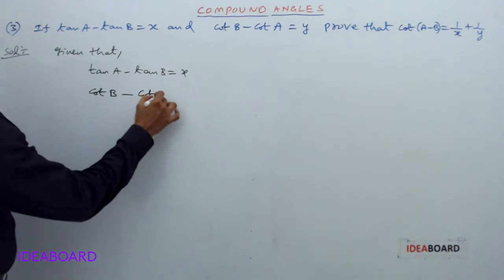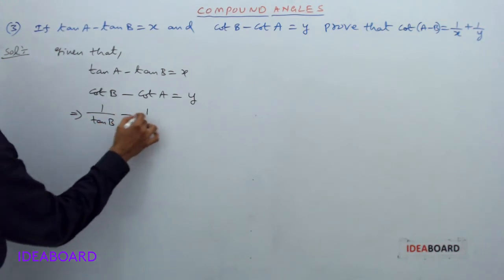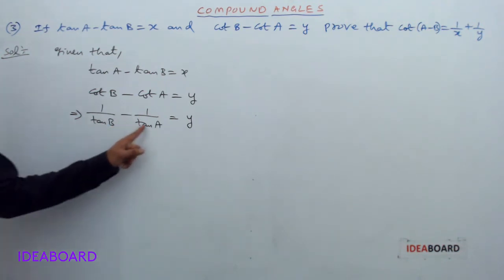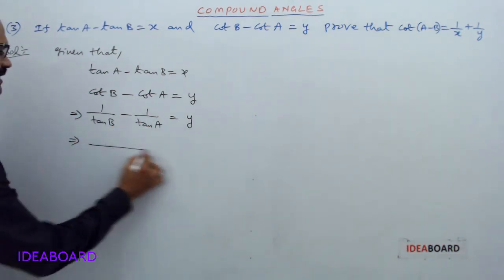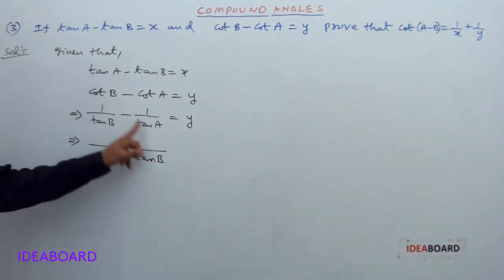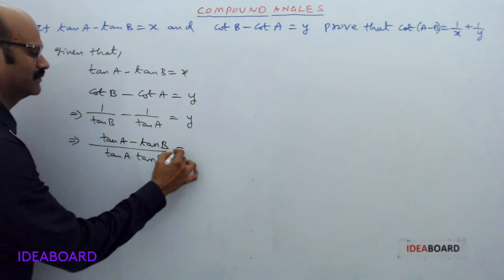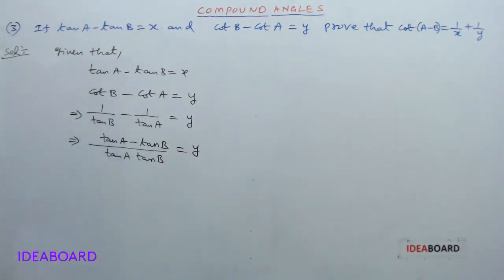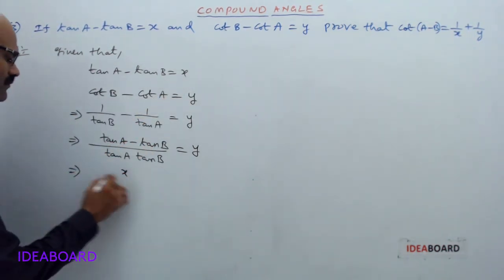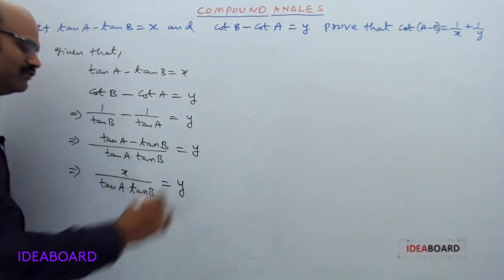It implies 1 by tan b minus 1 by tan a equal to y. Now take LCM. It implies tan a minus tan b by tan a into tan b equal to y. Then tan a minus tan b equal to x, so x by tan a into tan b equal to y.